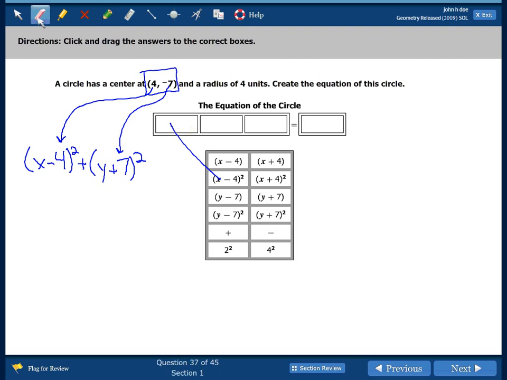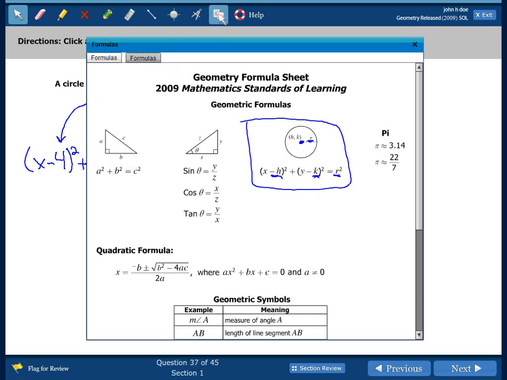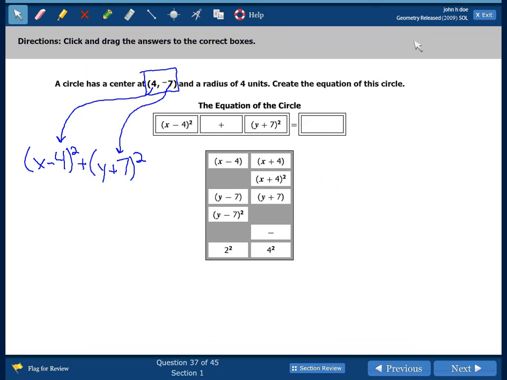Let me erase that. We have x minus 4 squared plus y plus 7 squared equals the radius squared. On our formula sheet, it's the radius squared, so it equals 4 squared.